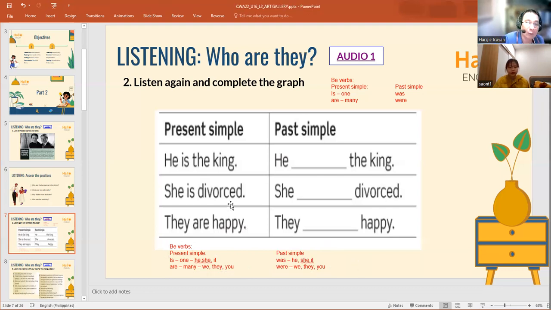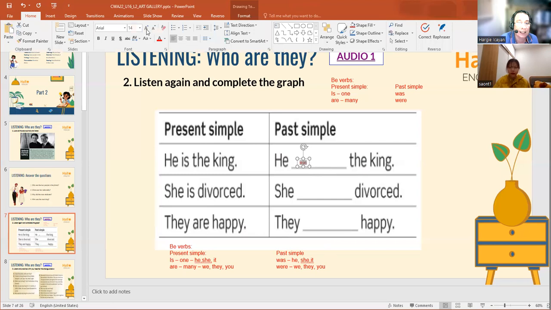Now, looking back to this particular sentence, he is the king. That means in the present. But how are we going to make this one in the past tense? He was the king. So why is it was? Because our subject is he.